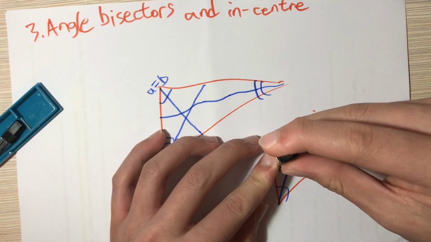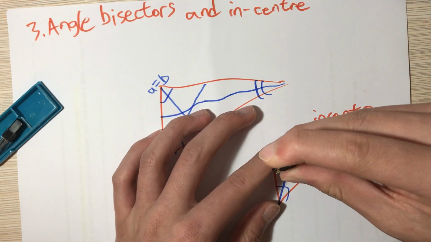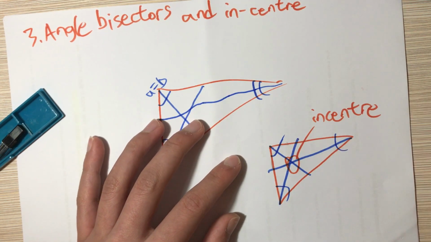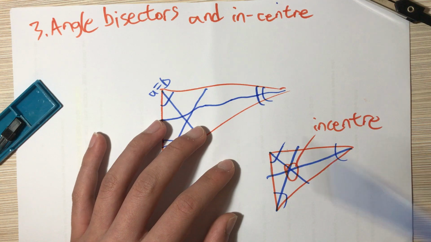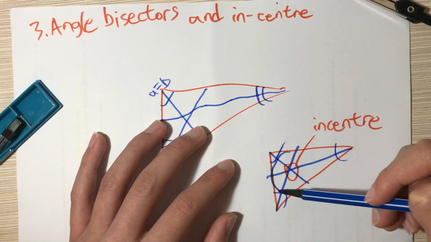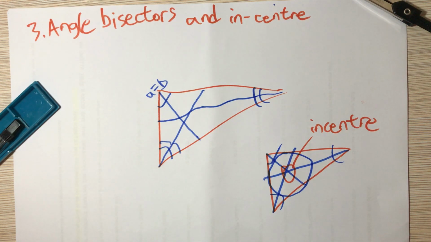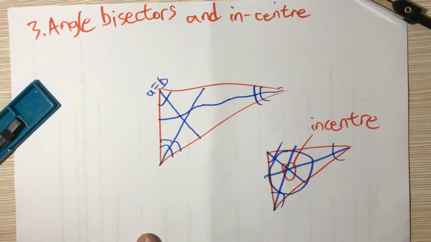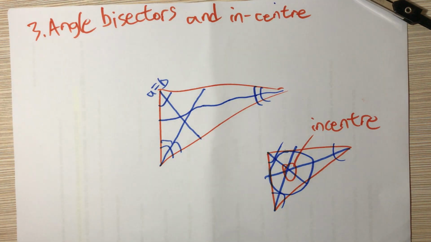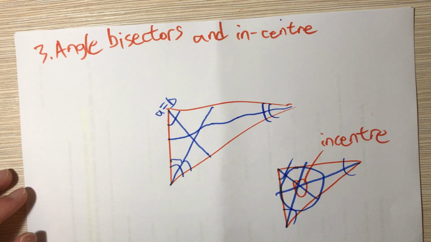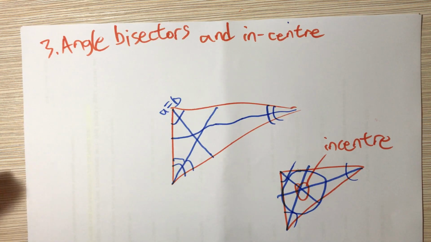The circle will always be inside the triangle, okay? Let me draw it roughly. The circle will be like this. It can always touch the three sides of the triangle. So this is a quite fun property. So let's move on to the last one.